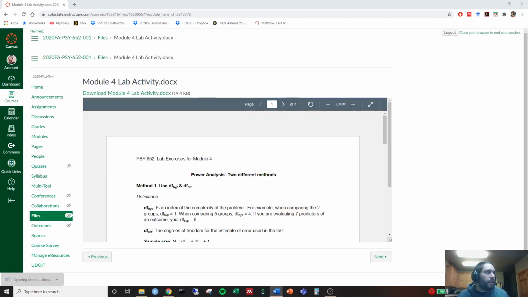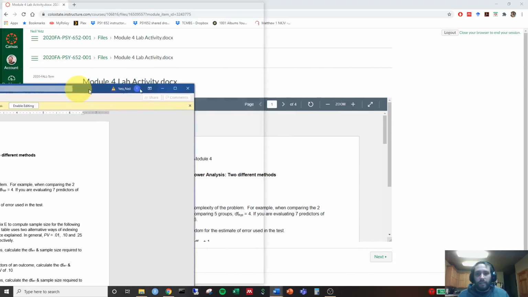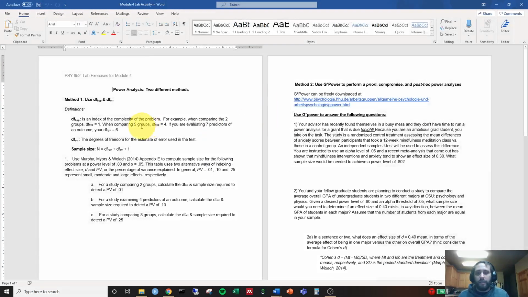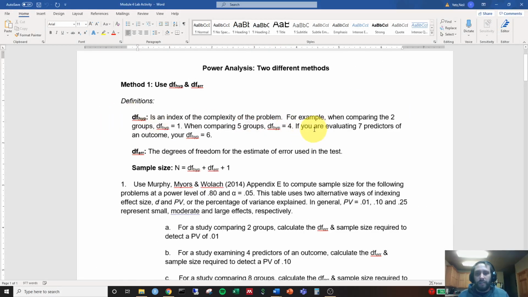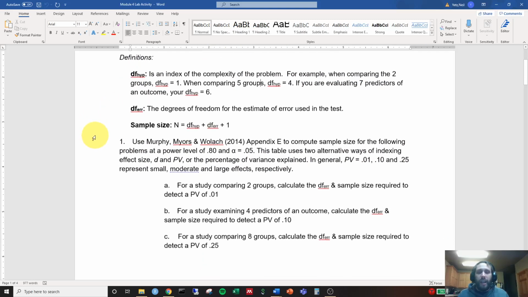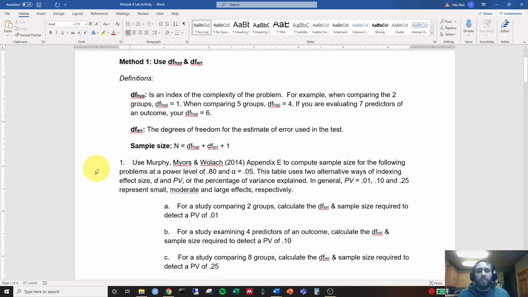Okay, I'm going to pull it over here. All right, enable editing. We're going to zoom in. What I do here is I give you your definitions again. And the first part of this is that I want you to use Murphy, Myers, and Wolach's 2014 Appendix E to compute the sample sizes for the following problems at a power level of 0.80 and an alpha value of 0.05.